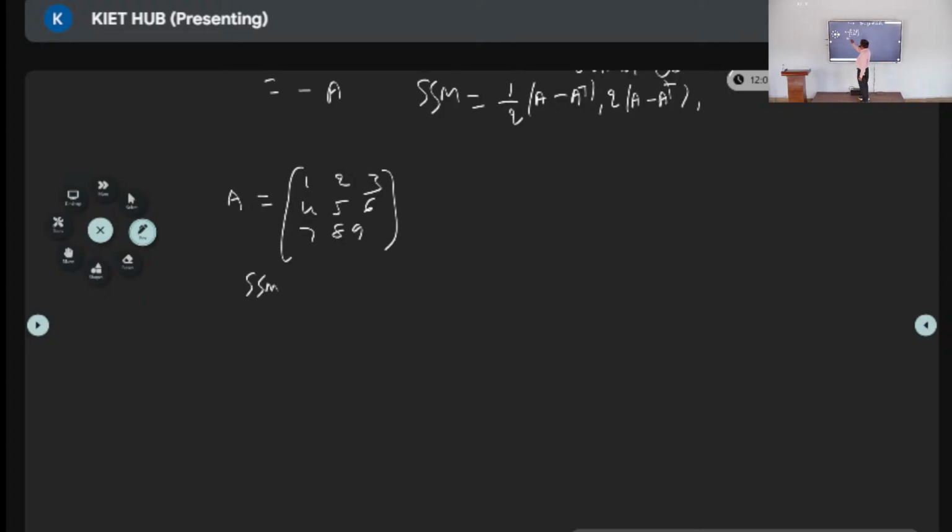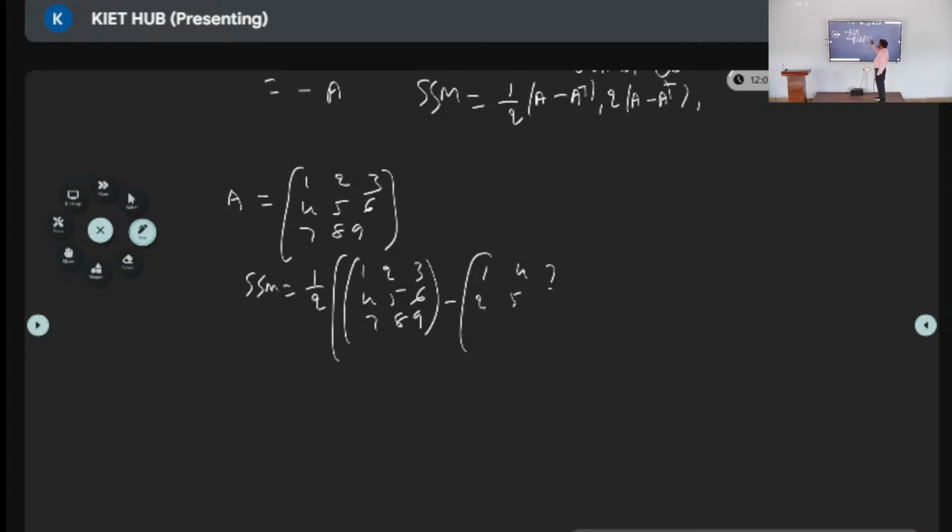It is half A minus A transpose: 1, 2, 3, 4, 5, 6, 7, 8, 9 minus A transpose, which is 1, 4, 7, 2, 5, 8, 3, 6, 9.